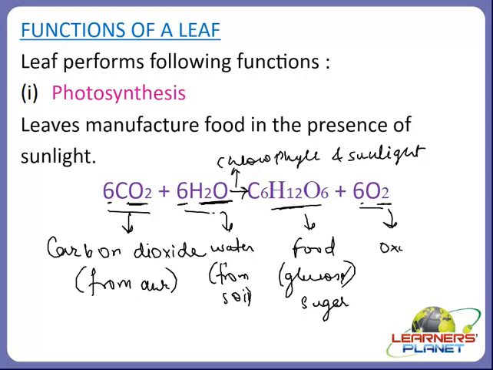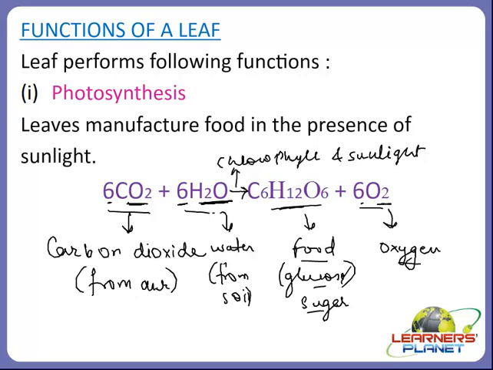O2 means oxygen, which is released by the plant into the air or atmosphere. So remember that this is the process of photosynthesis, that leaves manufacture food in the presence of sunlight and chlorophyll, and with the help of carbon dioxide and water it gets food in the form of glucose or sugar, and it releases oxygen into the atmosphere.